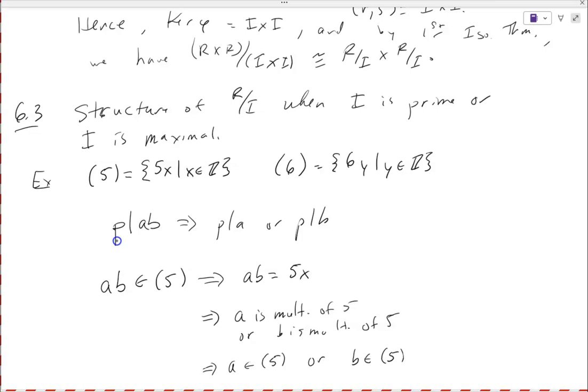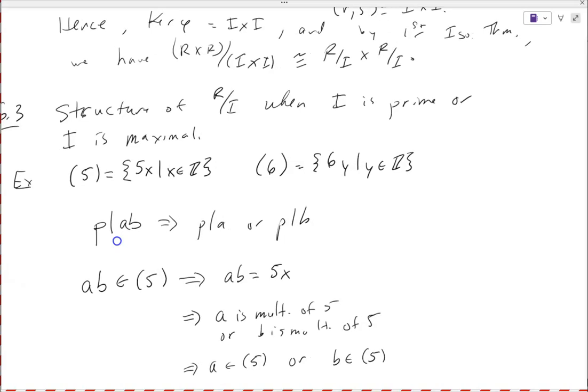Let's look at the ideal generated by 6. Does the same thing work for that? Can you think of a product that's in the ideal generated by 6, but neither factor is in there? I want AB in the ideal generated by 6, but A is not, and B is not. Can you think of a product that'll work? 3 times 4?